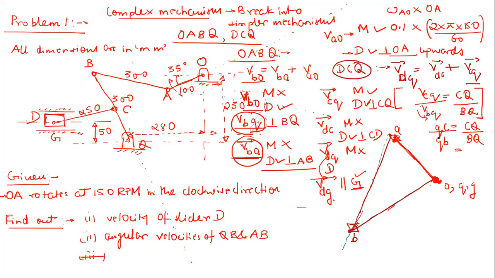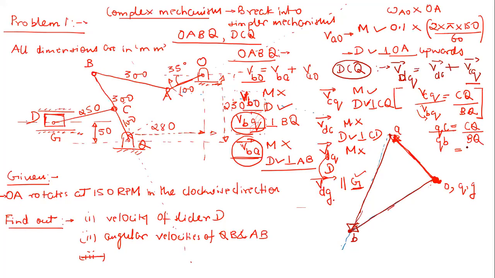Okay, CQ is given to us, which is 100 mm. And BQ is given to us, which is 300 mm. So this QC is equal to QB divided by 3, right? Now you can simply measure this QB, put it here and calculate it.